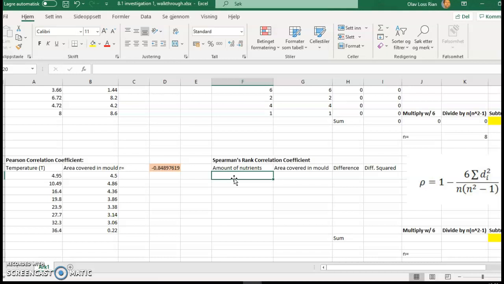Okay, so now we'll set up the ranks. So how do these numbers rank in relation to each other? Going from 1 is the highest, and let's see how many? 8. 8 is the lowest number.